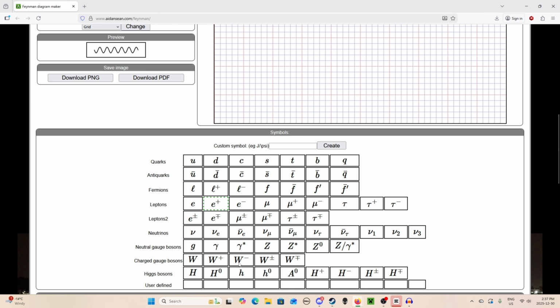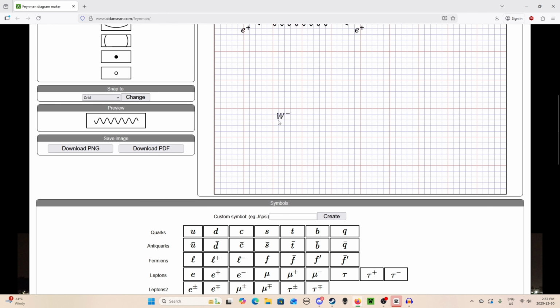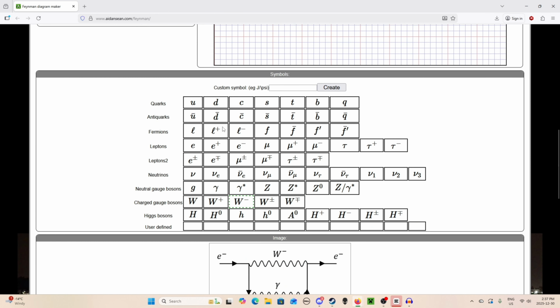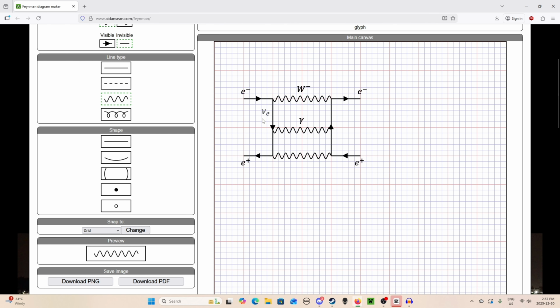What we need to do is we'll transfer a W minus boson from this side to this side. So there we go, we're transferring a negative charge. That's going to turn these into electron neutrinos.